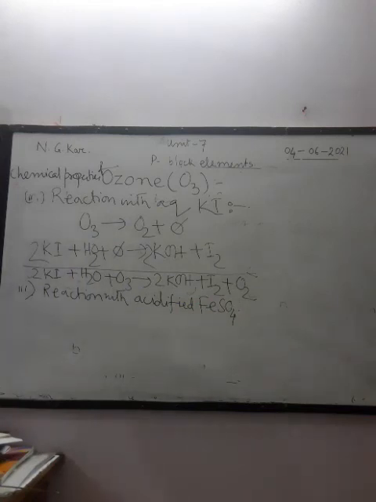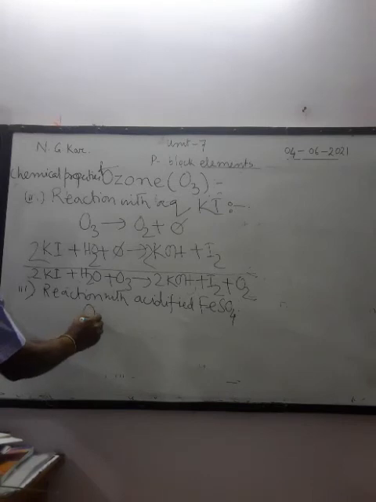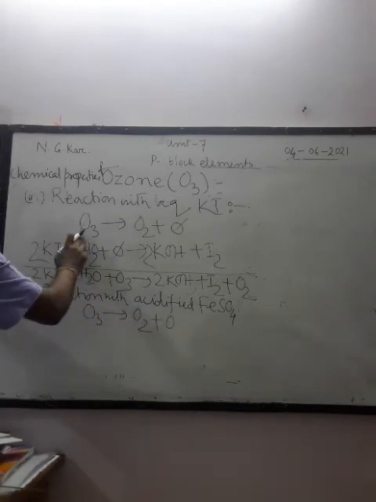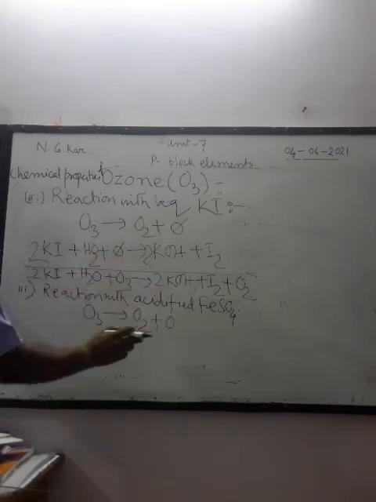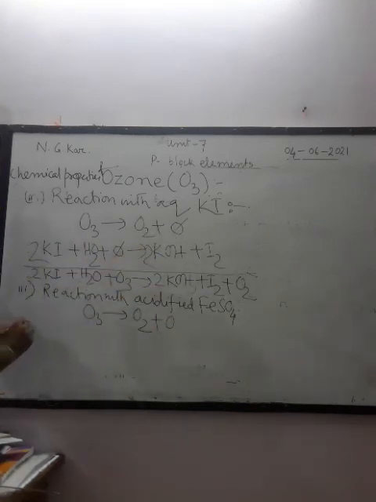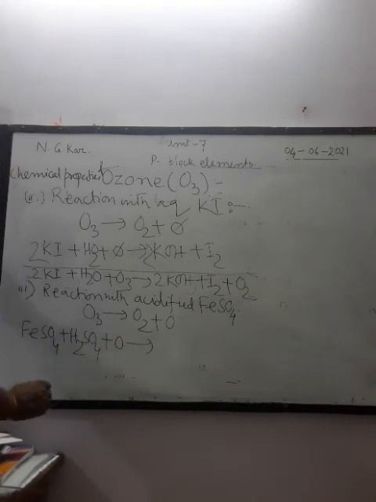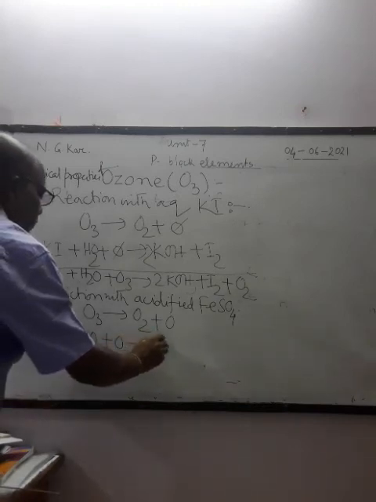In all these reactions, this one is common to all of them: ozone decomposes to O2 and O. Then ferrous sulfate, acidified means it contains acid. Generally, if sulfate is present, we use sulfuric acid, and nascent oxygen or atomic oxygen converts it to ferric sulfate.